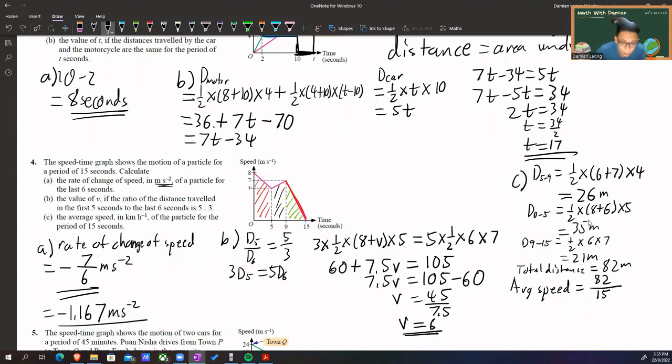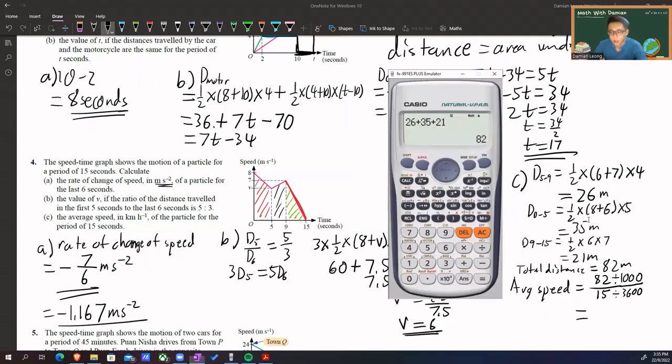But it's not in the unit that we want, because we want km per hour. So the meters I have to change to km, divided by 1000, and the seconds I have to change to hours. So I can divide 60, or I can just divide 3600. Up to you, it doesn't really matter. It's the same thing. Once again, when you key into a calculator, if you're using the MS version calculator, make sure you put a bracket on top and below of the fraction.